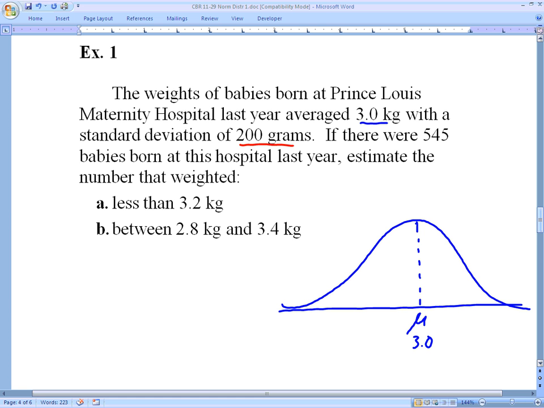I also know that the standard deviation was 200 grams. A kilogram is 1,000 grams. So if I have 200, what would that relate to in regards to 1,000? That would become 0.2. So it's 0.2 kilograms.